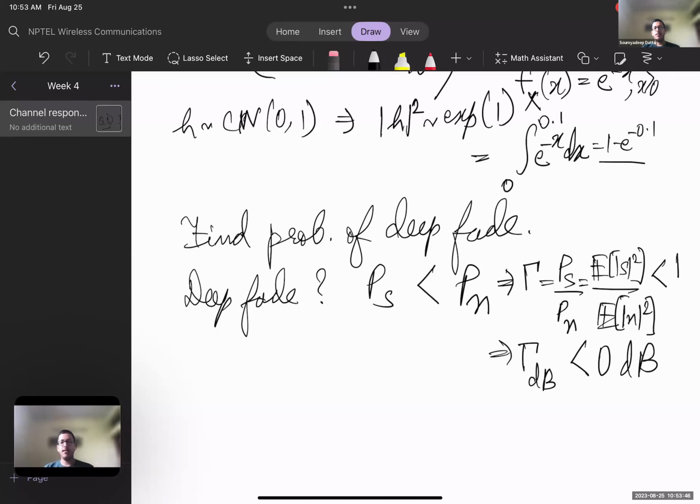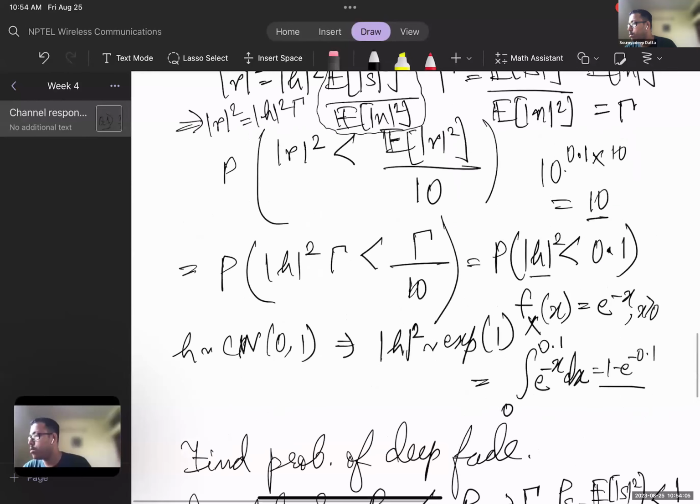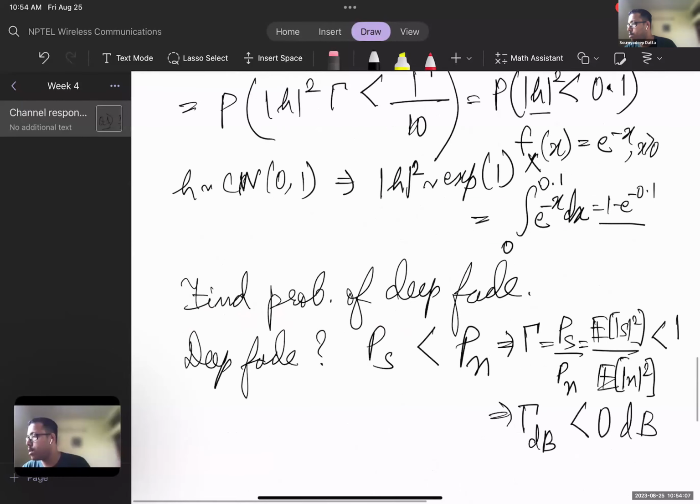Right? I'll denote this as gamma effective after this. So gamma dB less than 0 dB, this kind of situation, right? So what is the received signal power?